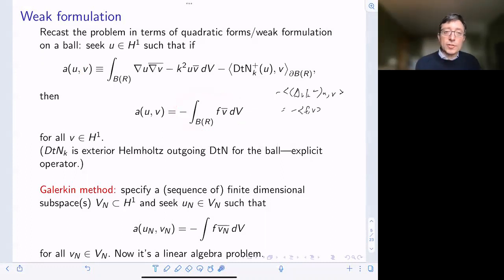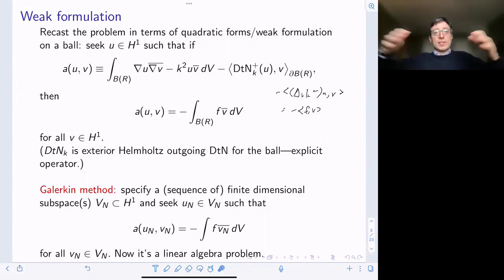Now there's a slight subtlety, which is that I was asking about outgoing solutions. Now the Sommerfeld radiation condition you should think of as a kind of boundary condition at infinity. It says asymptotically the solution is going out. But there's a nice trick that the numerical analysts use to bring that boundary condition from infinity in to the boundary of a finite ball, so that you've got an actual problem that's posed on a compact set. And that's the following.